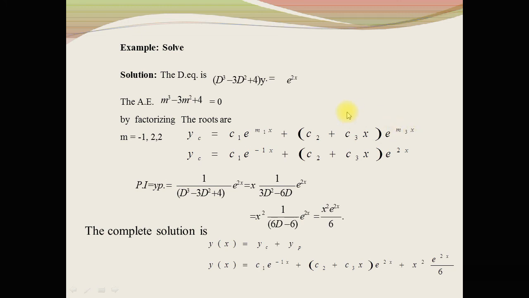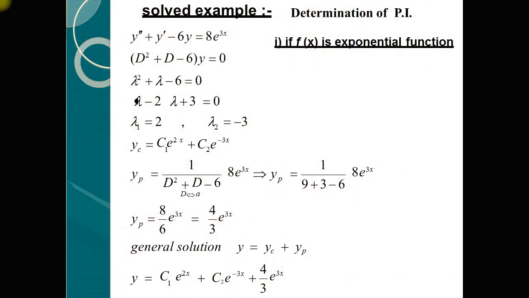And if the roots are complex, suppose we have the complex root m equal to alpha plus minus iota beta, then the complementary solution will be e power alpha x into c1 cos beta x plus c2 sin beta x.